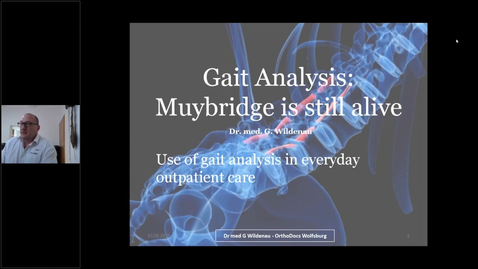So we're looking for dynamic tools to screen our patients, and dynamic MRI scans are not available as of yet in a sufficient number, and I think we are also lacking the financial means to use these devices. So maybe in 100 years we'll be better equipped, but for now we're completely lacking any objective tools to do dynamic analysis of movements, of the gait patterns of our patients.